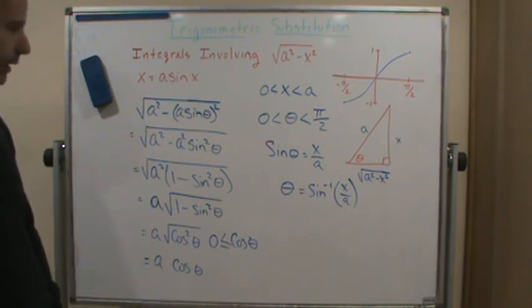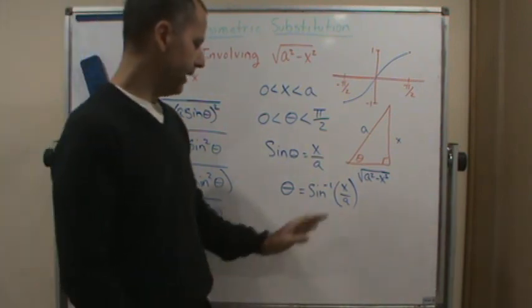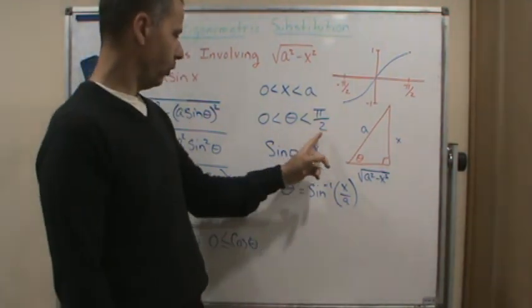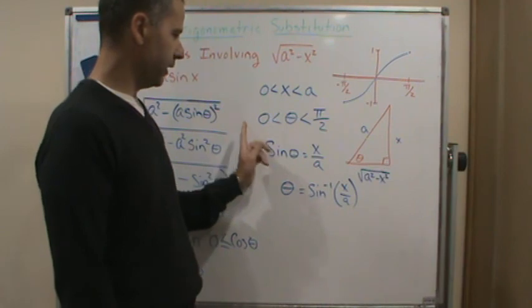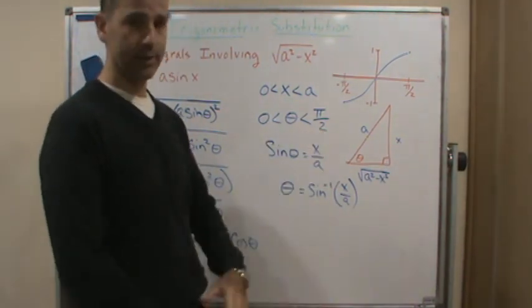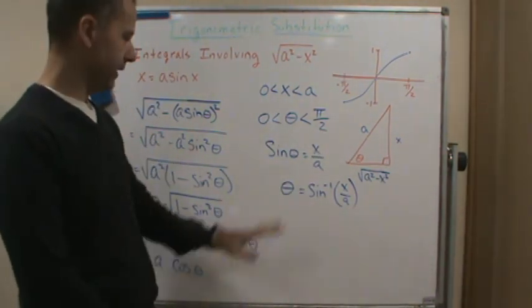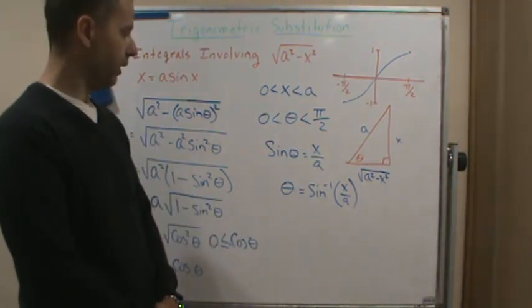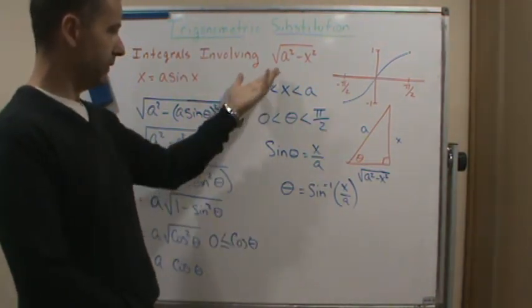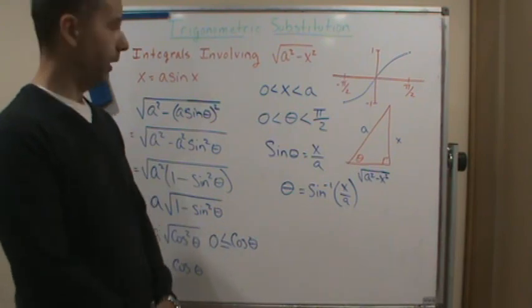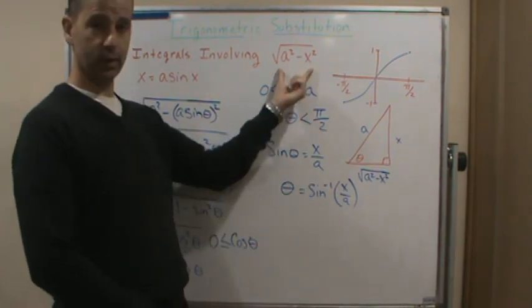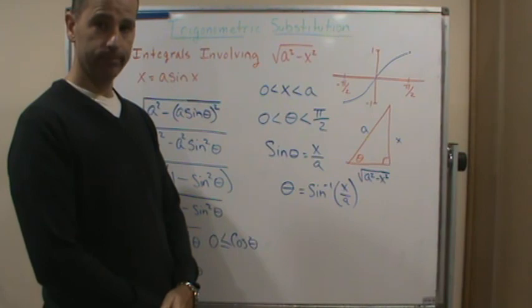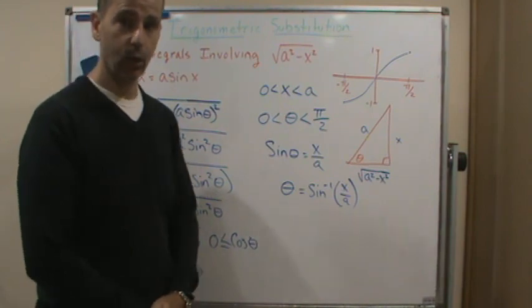Now it can be shown that this actually holds for all theta from negative pi over 2 to positive pi over 2, but I think this is sufficient for our purposes. So again, that's how we develop the substitution for dealing with this expression in an integral. Okay? So, see you next time.